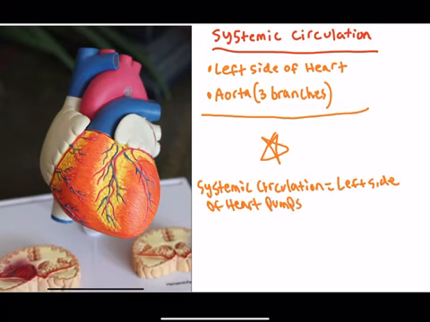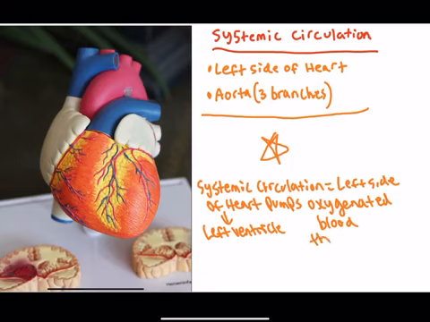In particular, the left ventricle is going to pump that oxygenated blood throughout the body, but overall the left side of the heart is working together to pump that oxygenated blood throughout the body. So that's systemic circulation.